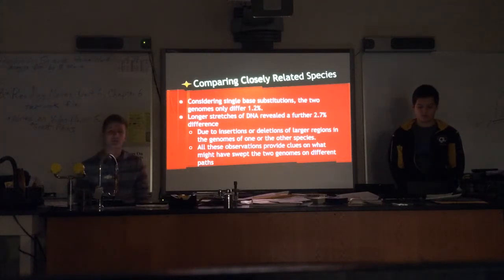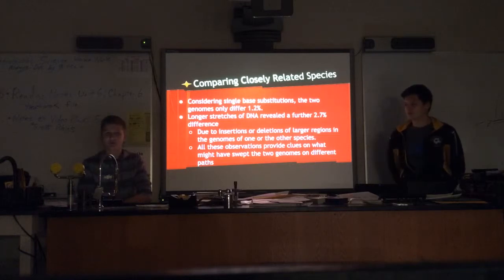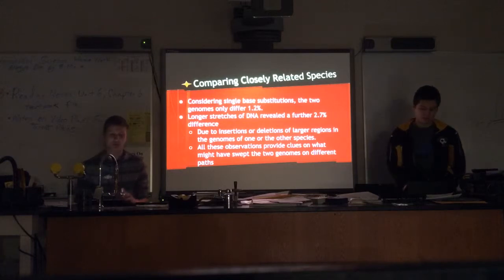Considering single-base substitutions, the two genomes only differ 1.2%, which isn't a lot at all. But further research revealed in longer stretches of DNA that there was a further 2.7% difference. This is due to insertions or deletions of larger regions into the genomes of one or the other species. All these observations provide clues on what might have swept the two genomes on different paths.